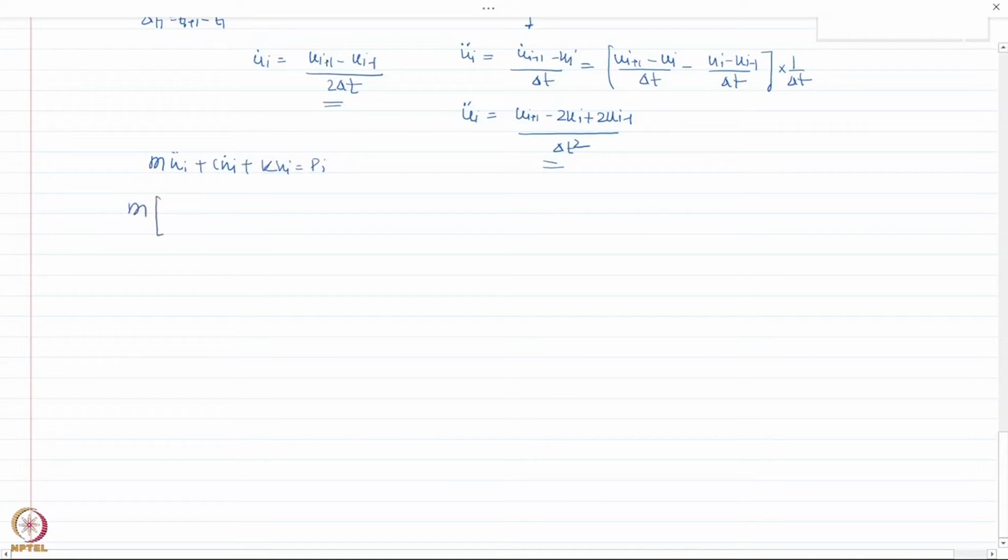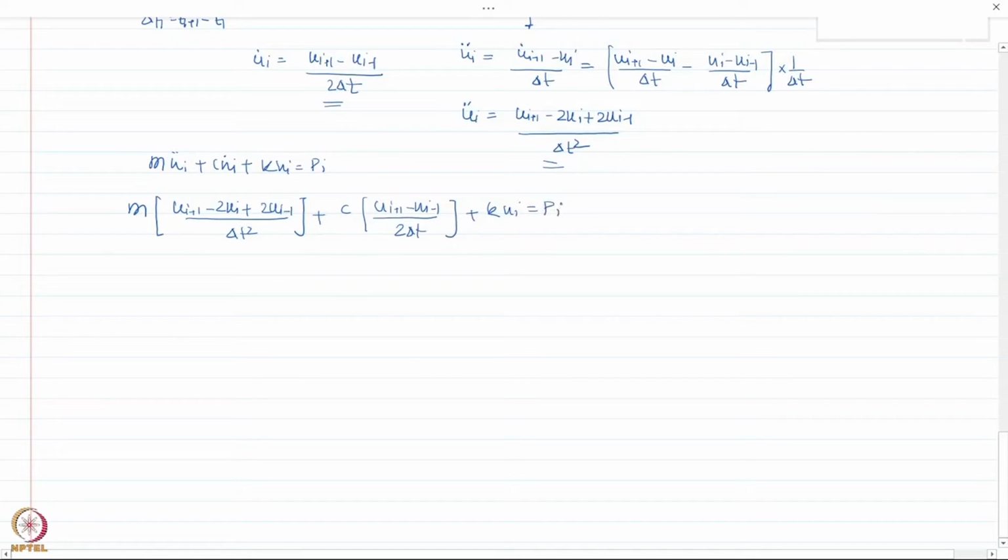So I'm going to write this here as (u_{i+1} minus 2 u_i plus u_{i-1}) divided by delta t square. This is my acceleration. Then c times (u_{i+1} minus u_{i-1}) divided by 2 delta t, then plus k u_i, and this equals p_i.